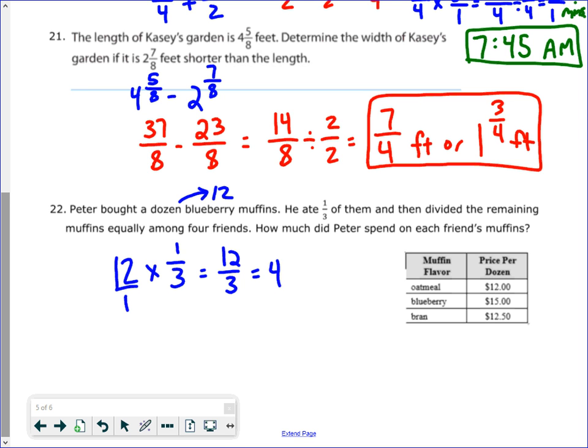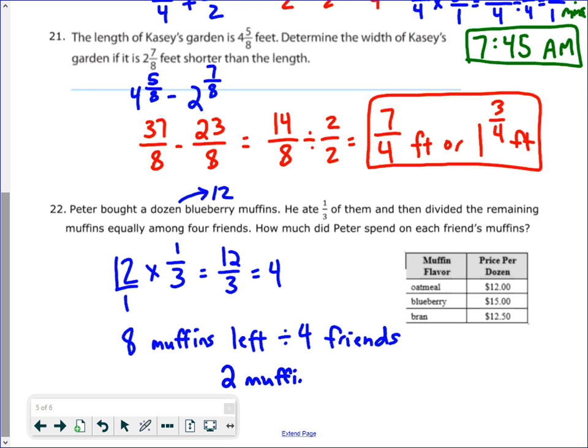So he ate 4 of them, which means there are 8 muffins left. And he has 4 friends, so divided by his 4 friends, each friend gets 2 muffins each.